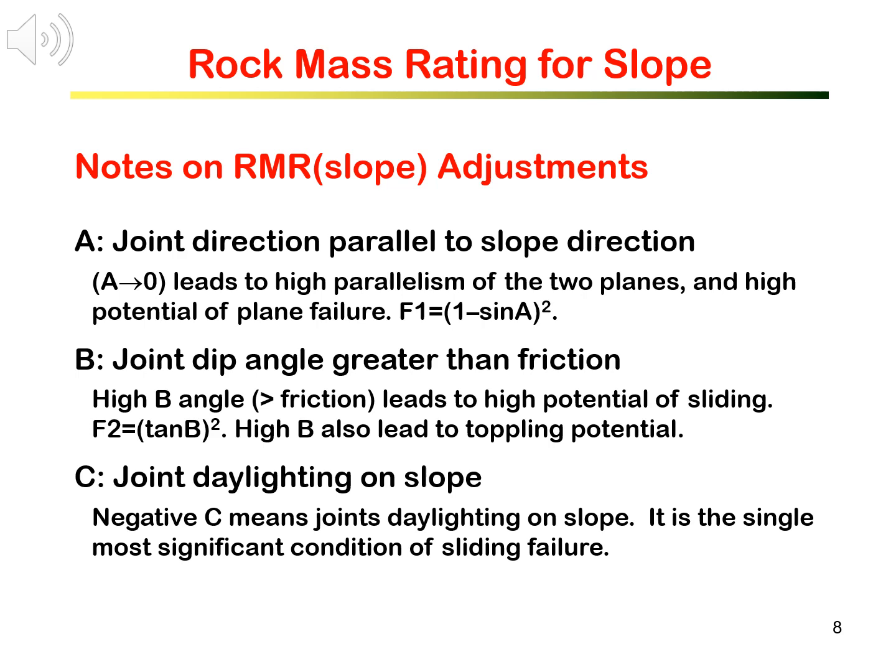Parameter C checks if the joint is daylighting on the slope. By comparing joint dip angle and the slope dip angle, a negative C value means joints daylight on the slope, and also means the greatest potential of sliding failure, and therefore leads to the highest F3 value.